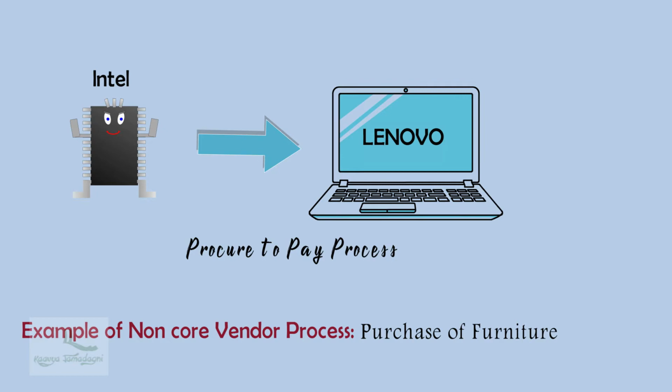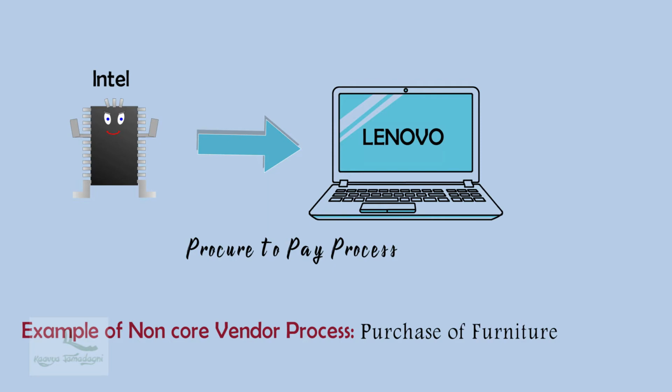In that case, we must have the raw material created in the material master and follow the procure to pay cycle, and based on that only we create the vendor invoice. This is also known as the MM process, that is the material management process. In case of a non-core vendor, we generate the vendor invoice without reference to material received in SAP.